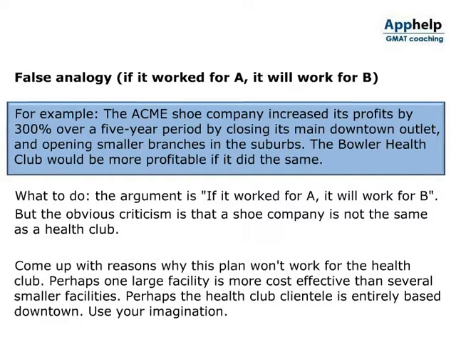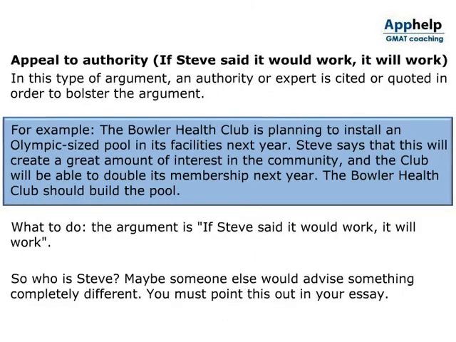Use your imagination. Appeal to authority. If Steve said it would work, it will work. In this type of argument, an authority or expert is cited or quoted in order to bolster the argument. For example, the Bowler Health Club is planning to install an Olympic-sized pool in its facilities next year.